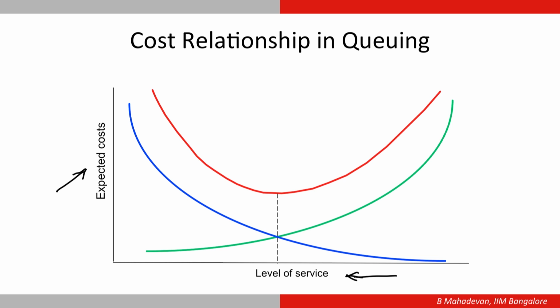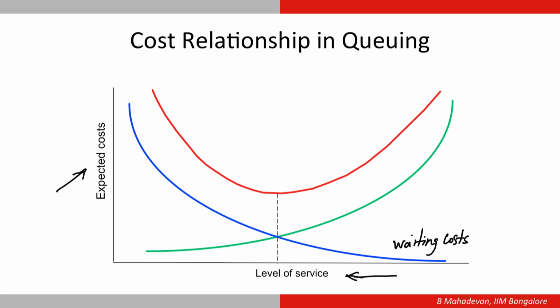So this curve nicely summarizes how the costs behave in real life, where you have uncertain process times and uncertain arrival rates or demand. Now this curve that is sloping down talks about the waiting costs. So as the level of service increases, the waiting cost will come down, because you tend to be getting more and more effective.